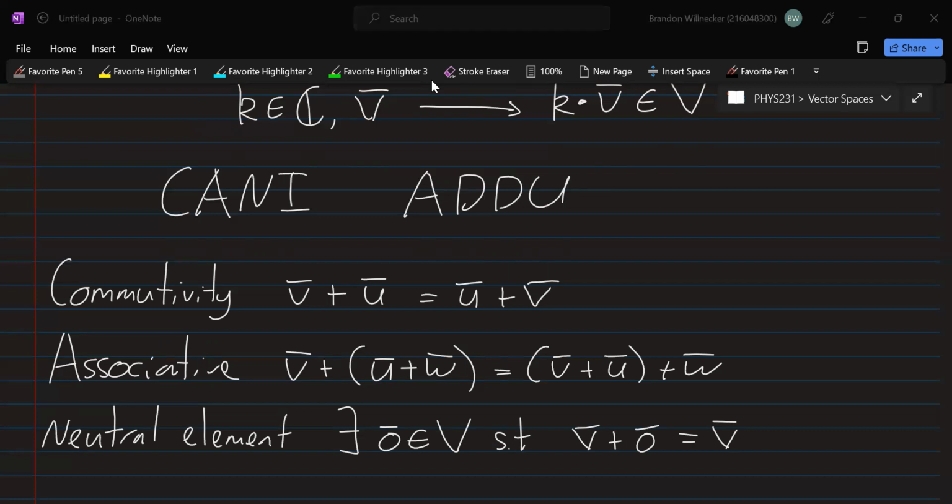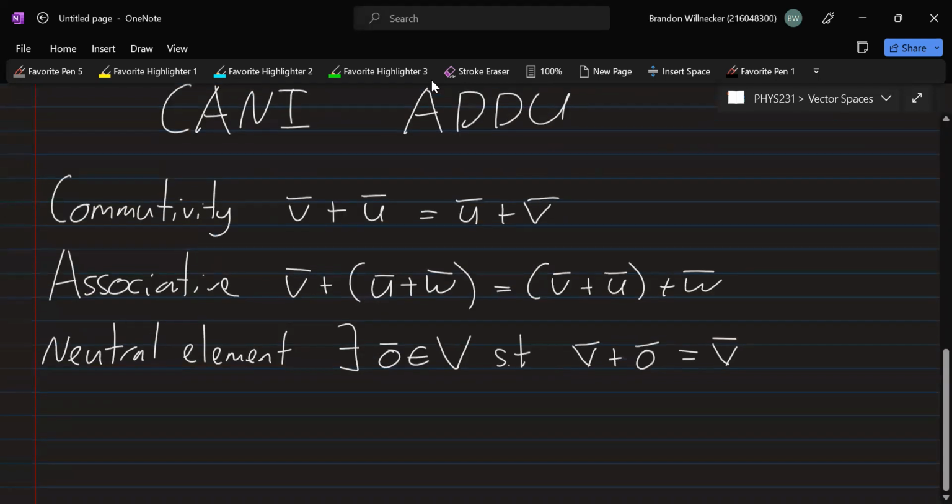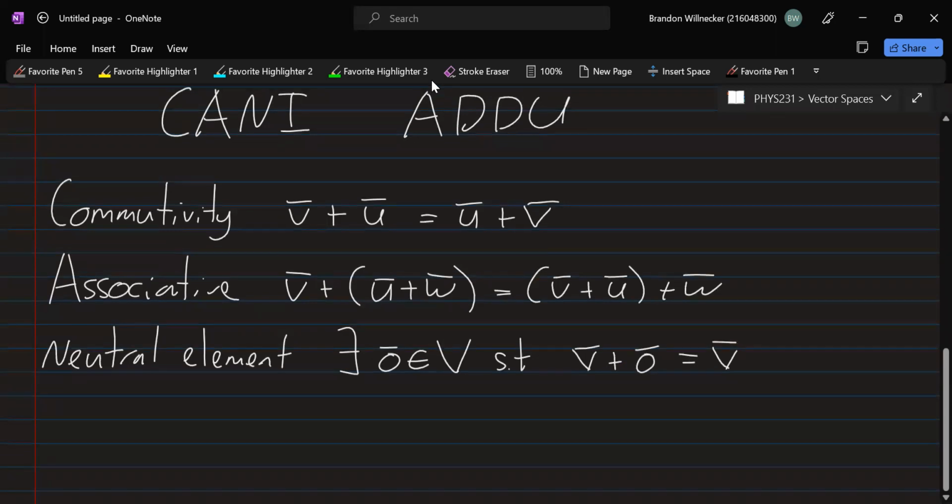Okay, so we call it neutral because it's not doing anything to the vector. Okay, so V plus the 0 vector is again V. Okay, and then we will show later on in the homework that this neutral element is in fact unique. So we can just give it the symbol 0. Okay, it's not like we have two neutral elements to worry about.